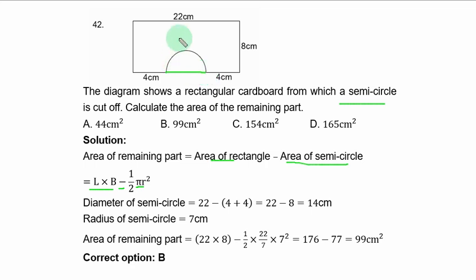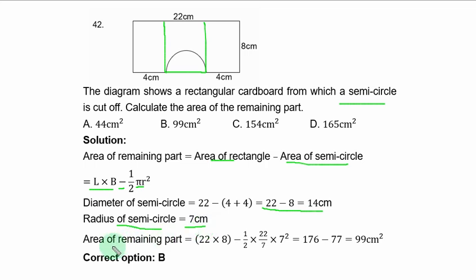And to get it, you have to subtract the sum of 4 from 22. If you trace up 4, then you also have 4. This remaining place becomes 22 minus 8, and that is 14 cm as the diameter of the semicircle. Radius of semicircle is diameter divided by 2, that is 7 cm.